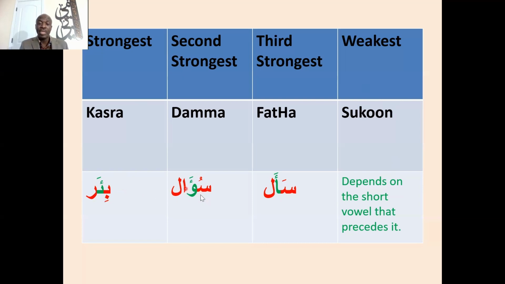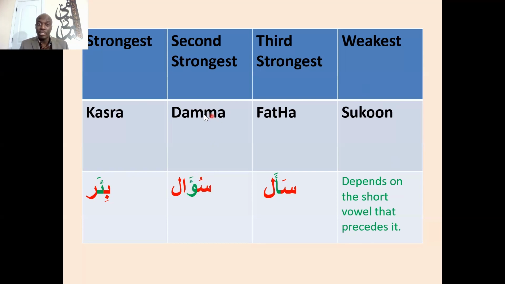And also see here how we determine the proper seeding for the hamza. We have our hamza here, and we have the letter that precedes the hamza. All we care about is these two, the hamza and the letter that precedes it. This one is the letter sin. The sin has the dhamma, and the hamza has the fatha.